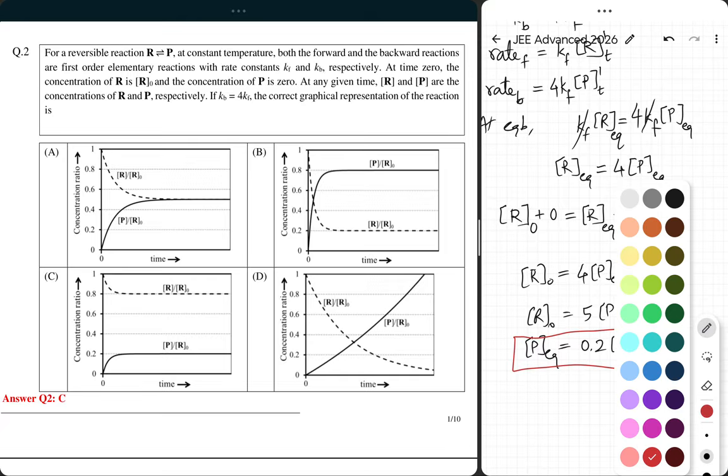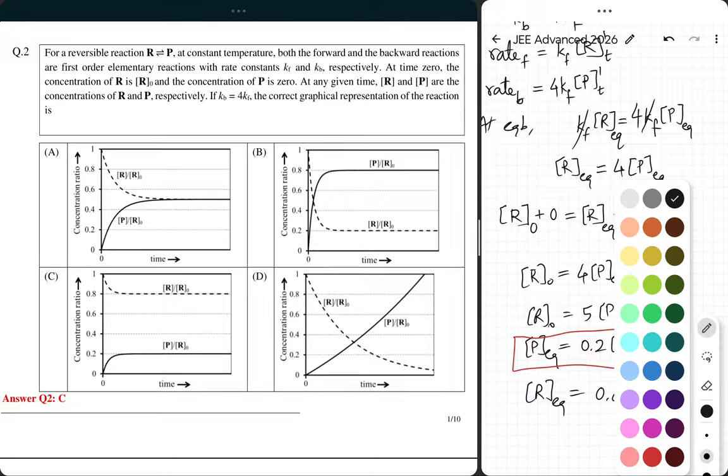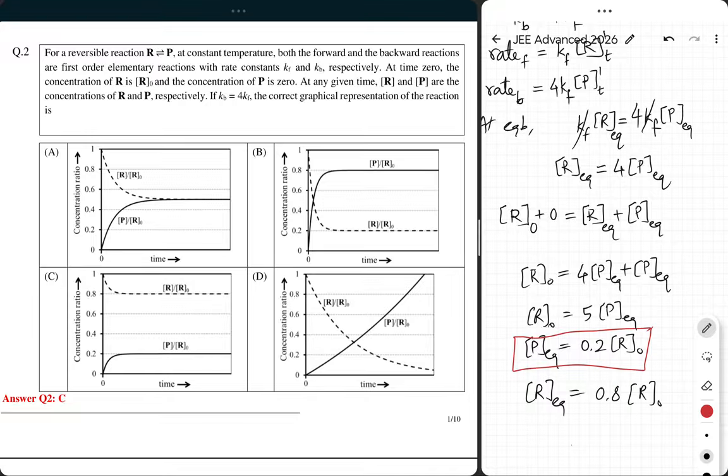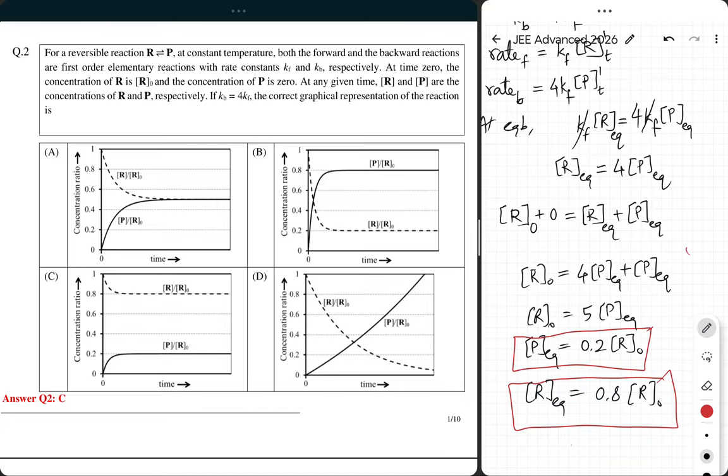And similarly, R equilibrium will be 1 minus 0.2, so 0.8. This is the equilibrium concentration, and let's check the options.